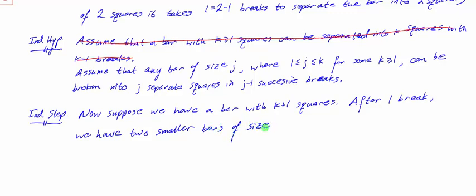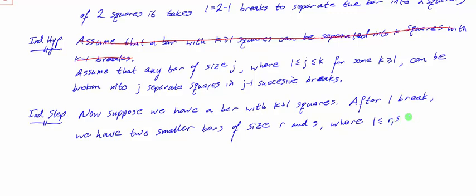And we'll call their sizes R and S. And then we know something about their sizes. We know that they're going to have to be at least 1 square in size. So both R and S are going to satisfy that part of this inequality. And we're breaking off at least 1 square of chocolate.